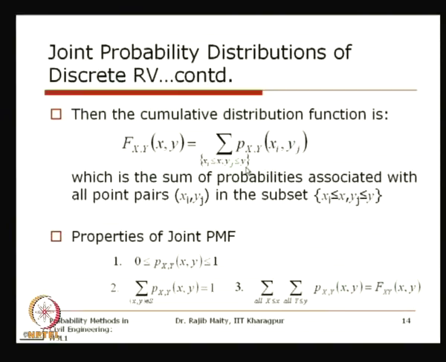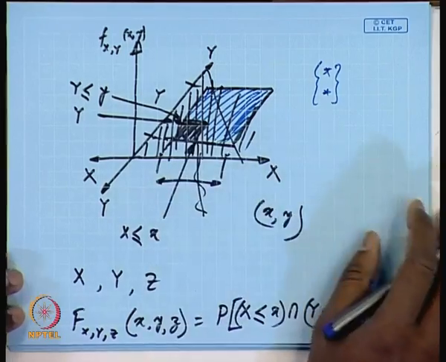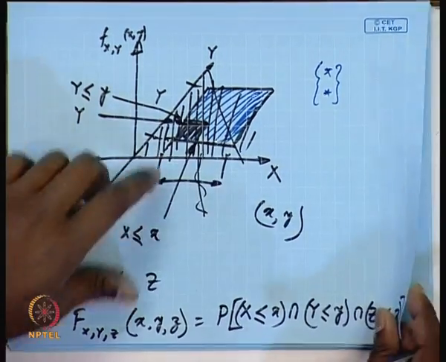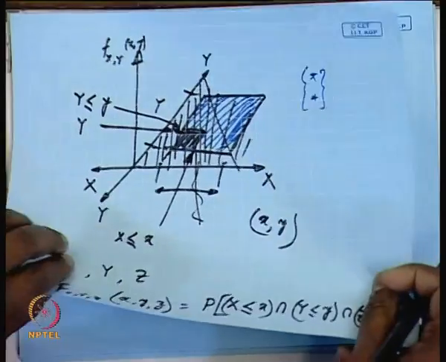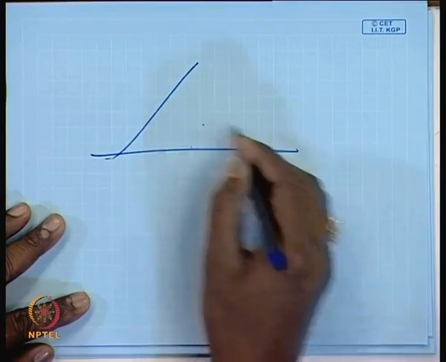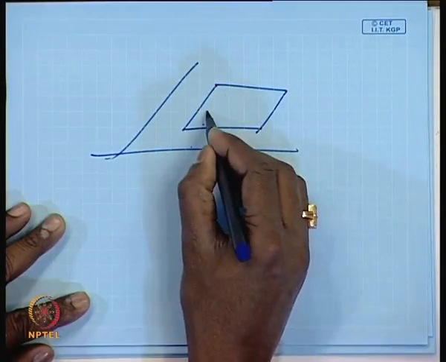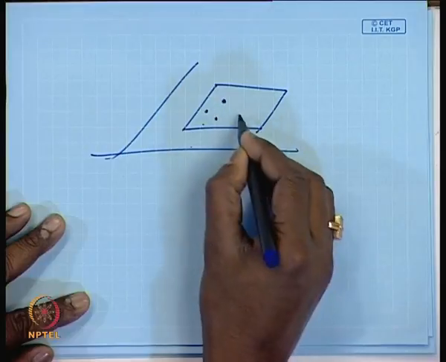If you again refer to this figure, let me redraw the same figure here, because this is the discrete case. Suppose this is the possible entire zone and there are some specific values possible.